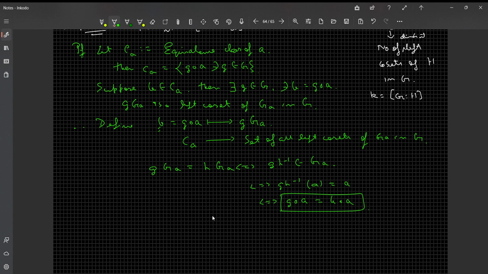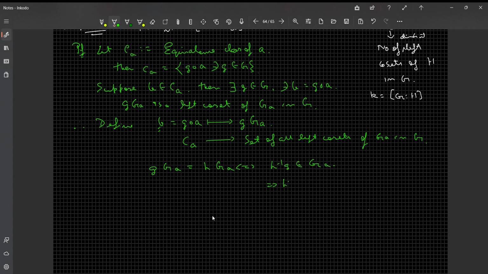So this basically means, or I should write it like this. Yeah, this is a mistake. Wait a minute. Let me write it like this, because I have changed the order of the elements g and h, and I can't do that because I have nowhere mentioned that the group is abelian. So if I pre-multiply by h inverse, this is h inverse g is in GA, correct.